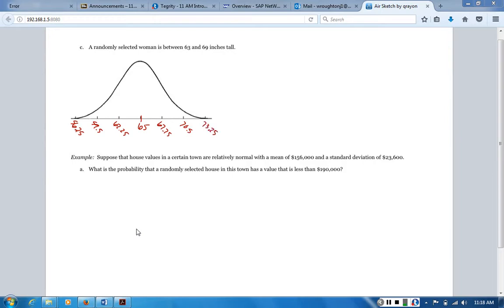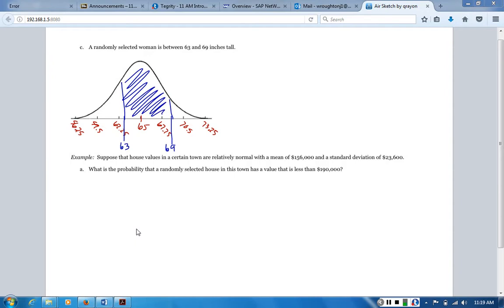Now I'm going to find between 63 and 69 inches. Alright, so 63 is about there. 69 is about there. And we want between. So that would be our picture that would go along with the problem.